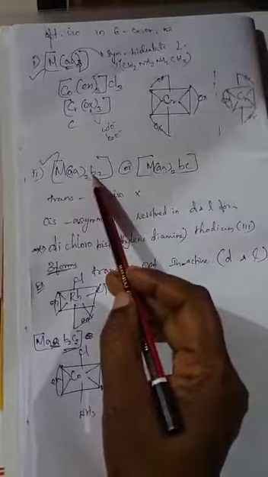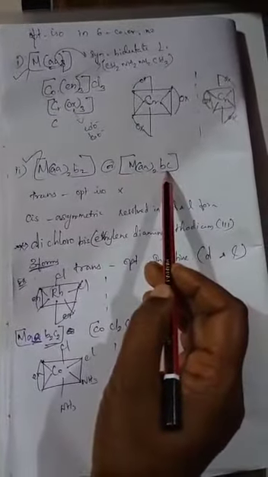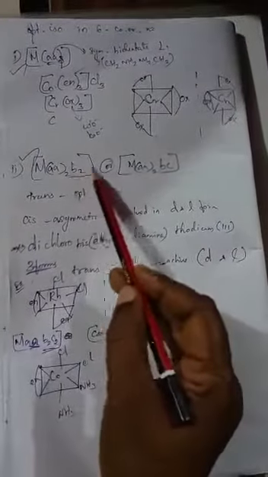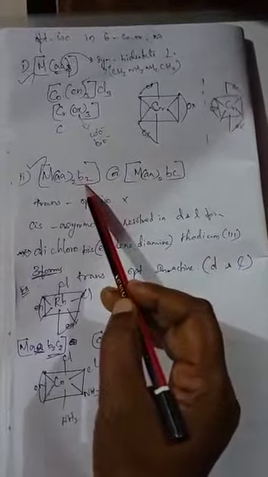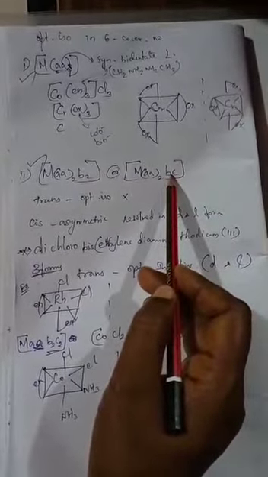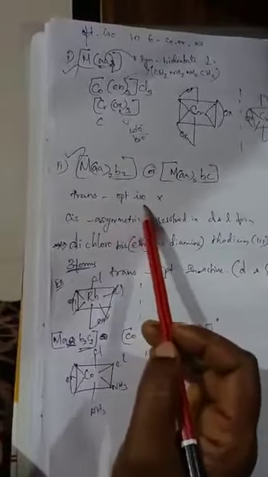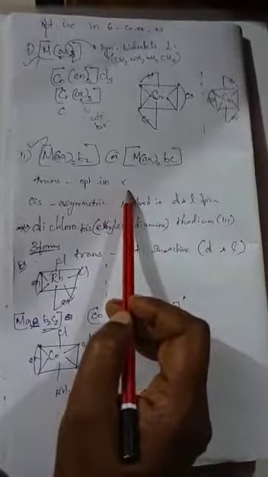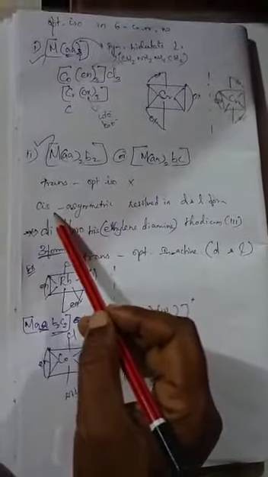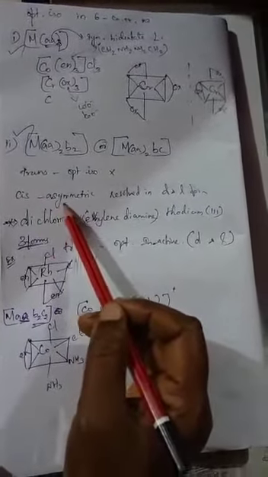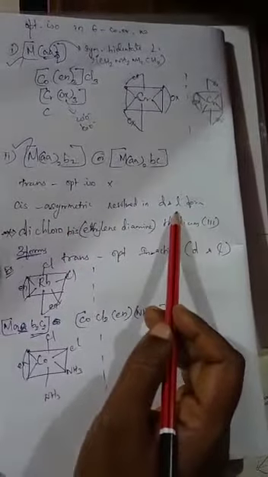In the case of M(AA)2B2 or M(AA)2BC, that is, two monodentate are the same or two different monodentate ligands. In the trans case, optical isomerism is not possible, but in the cis case the asymmetry results in D and L form.